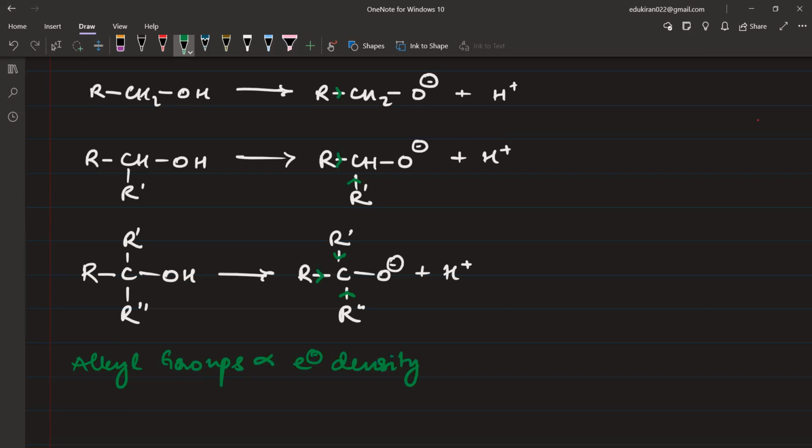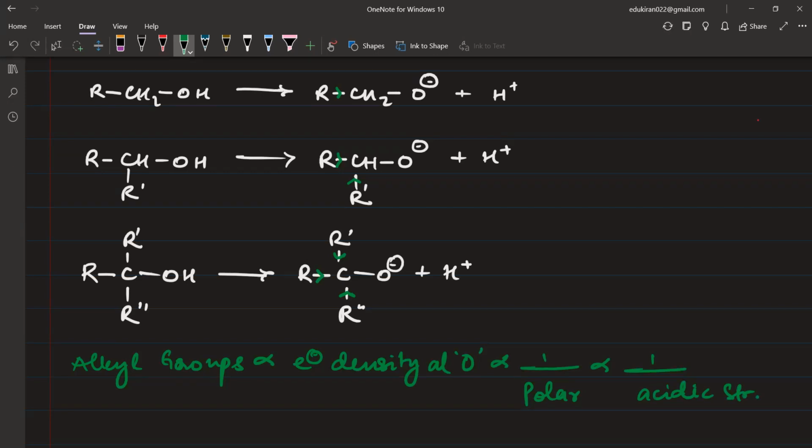If the electron density at the oxygen atom, right? If you have more alkyl groups, more negative charge will be there, more electron density in the oxygen atom. And if you have more electron density in the oxygen atom, it will be what? Less polar. OH bond will be less polar. And it will also decrease the acidic strength.